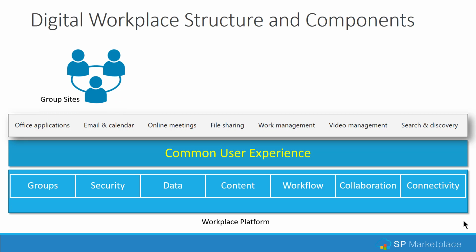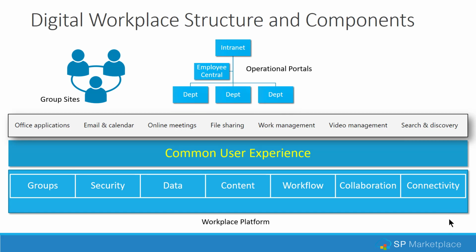And then next we have how it's actually accessed. In what kind of context is it accessed by the users? Well, users participate in groups and communities, so there may be group sites that they access it from. Also, where most employees actually operate is within the context of their organization from a department, or they access services from different departments, operational portals.